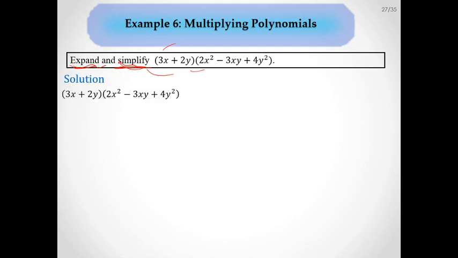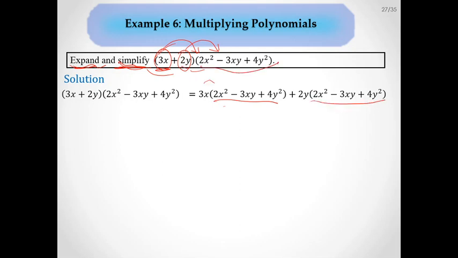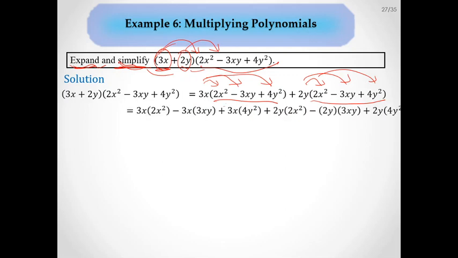So first we can use the distributive property of multiplication. So we have 3x times this whole thing, and 2y times the whole thing. Now I can do the distribution again separately, one by one. So as you see, it will be this one, and this one.